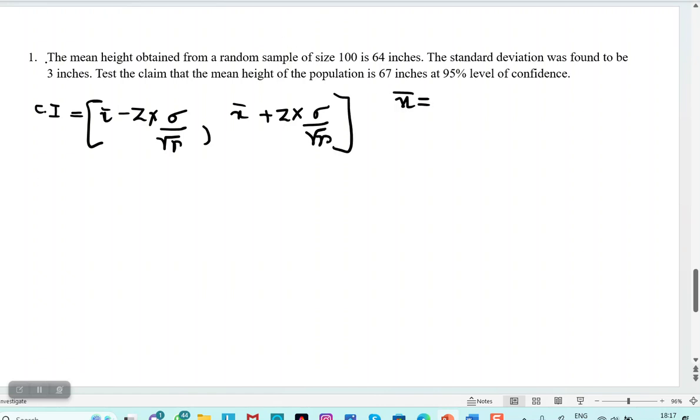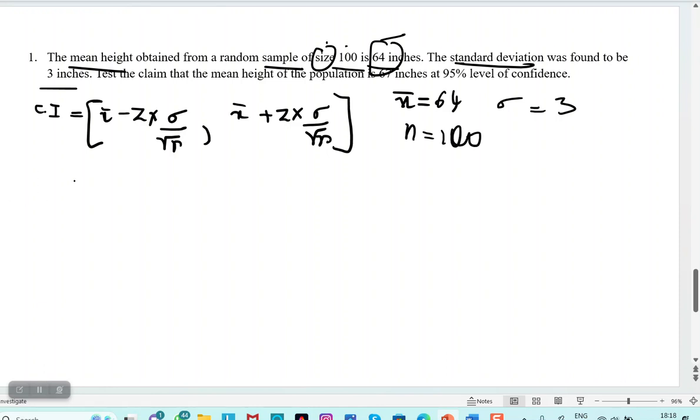X bar is the sample mean. The mean height from a random sample of size 100 is 64 inches. So x bar is 64. Sigma, the standard deviation, is found to be 3. And the sample size is 100, so n is 100.